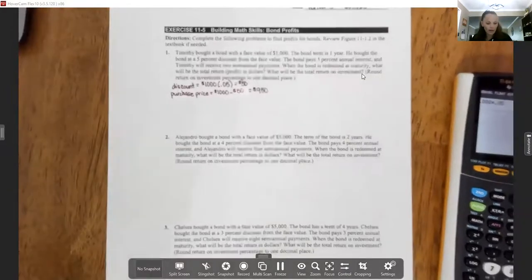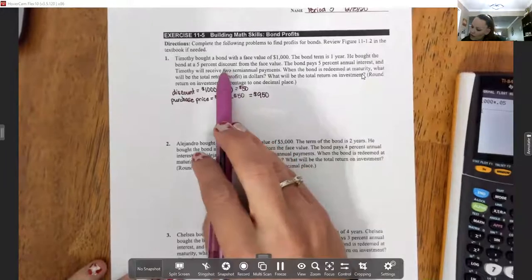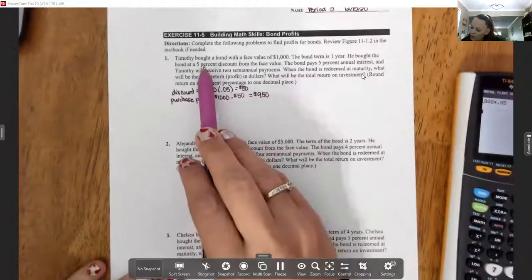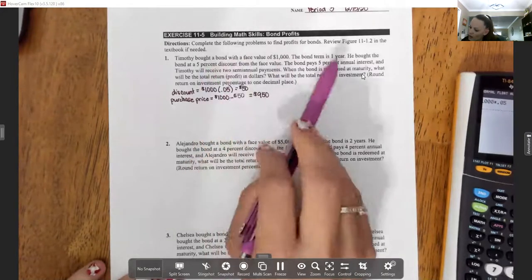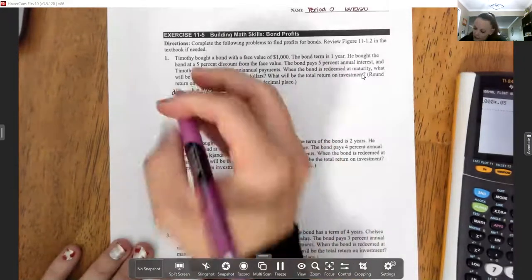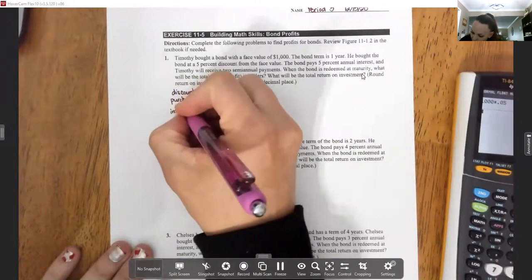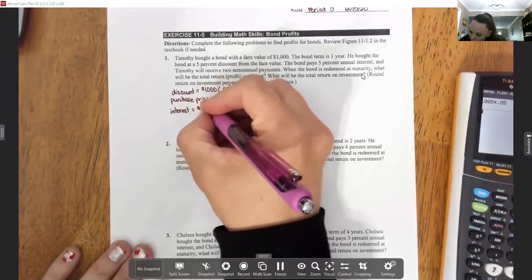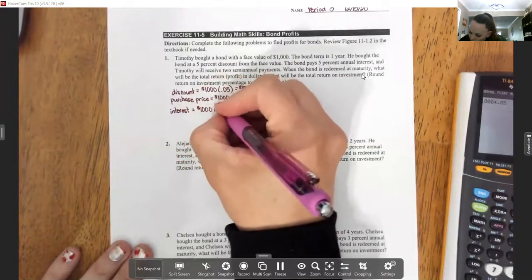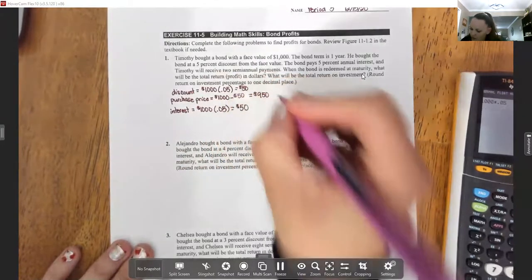All right, and so interest then, so $1,000, 5% discount, we did that. 5% annual interest. So interest is same thing as the first part, 1,000 times 0.05, which is also $50.